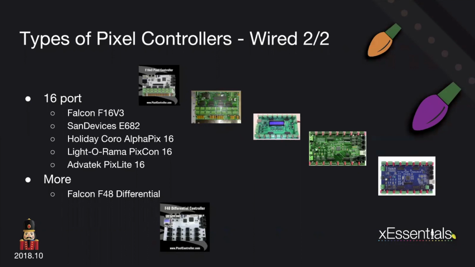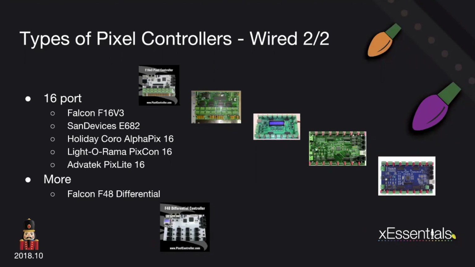I believe both Advatech and SAN devices have some variant of it available. That basically allows you, rather than have a pixel plug directly into your controller, to connect it into some type of remote board so you're not attached to your controller directly. That gives you more flexibility with how you lay your system out.